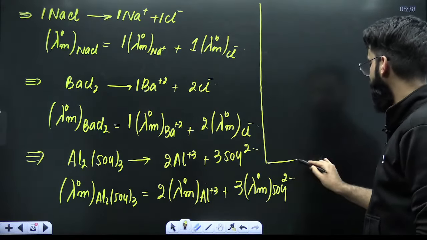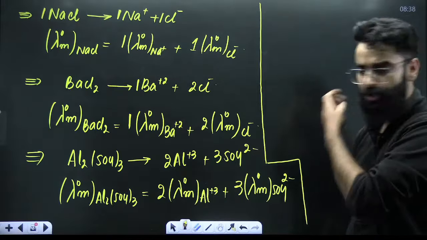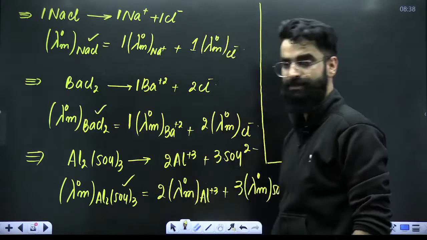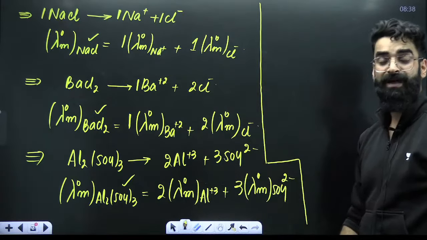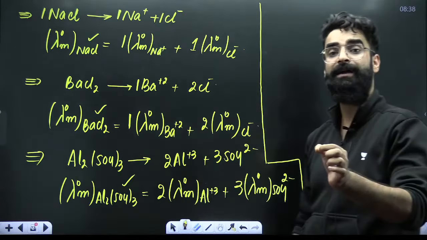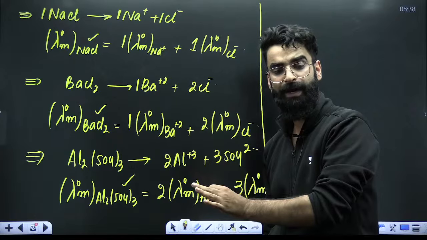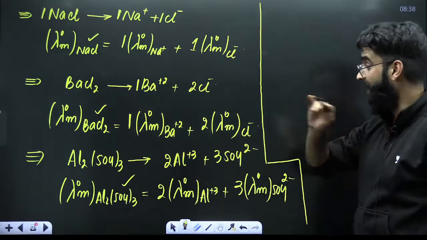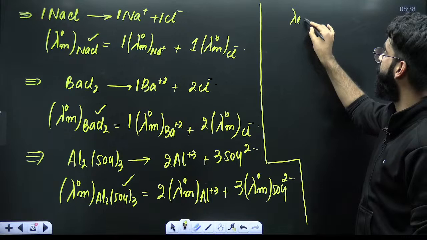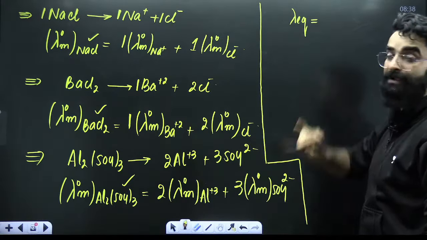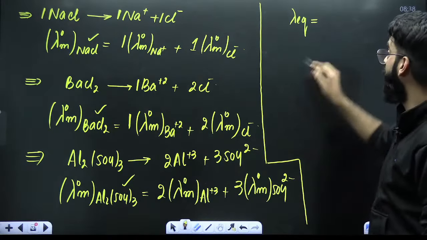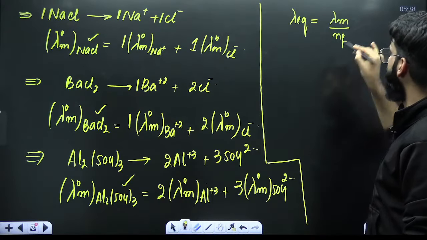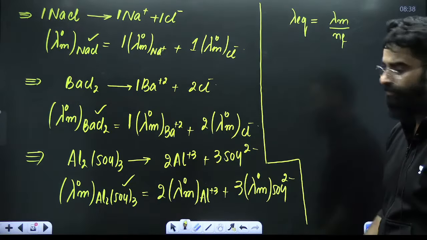Now, my dear students, let me tell you one more thing. Since you are getting the molar conductivities of electrolytes at infinite dilution like this, if I ask you how you get the equivalent conductivity of the electrolyte at infinite dilution, if you remember, I've already discussed one relation with you. Equivalent conductivity is equal to molar conductivity divided by n factor of the electrolyte. Perfect.